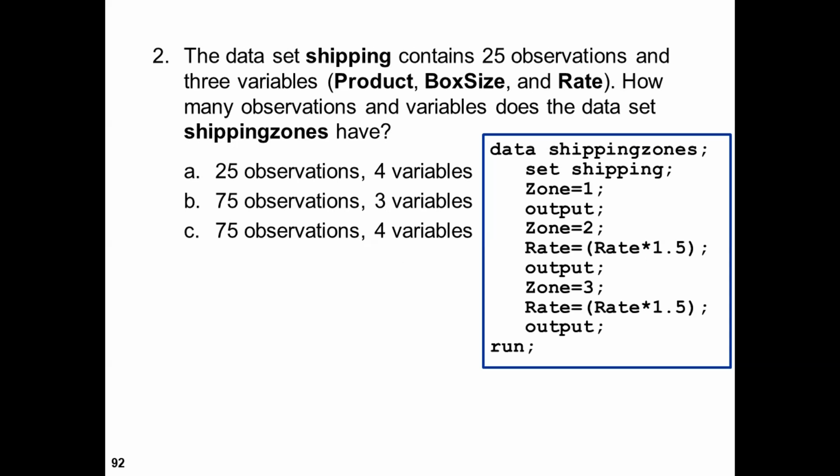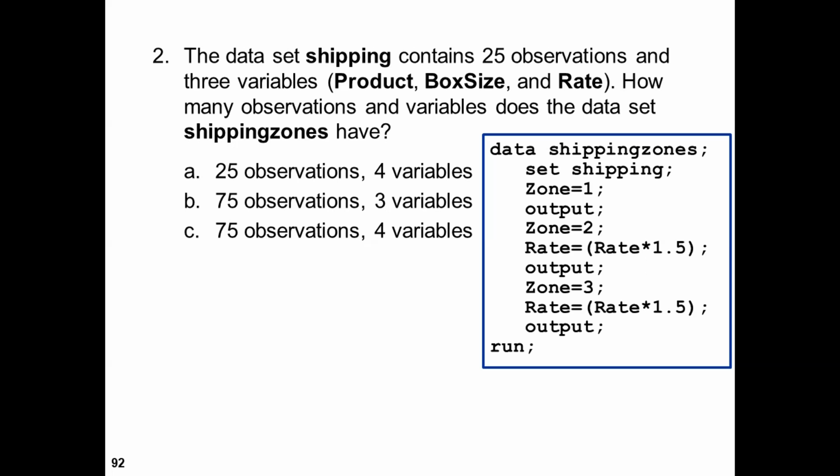Okay. How about you now? It's 4 variables, and in zone 1 there are 25 observations. Oh, no, zone 1, 2, 3 will be different. No? 75 observations.